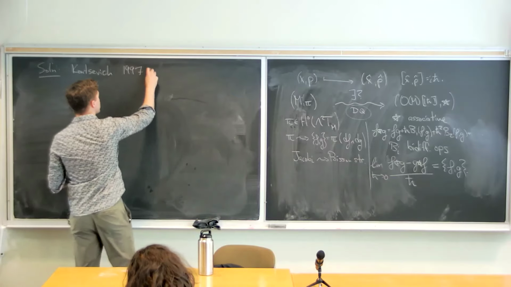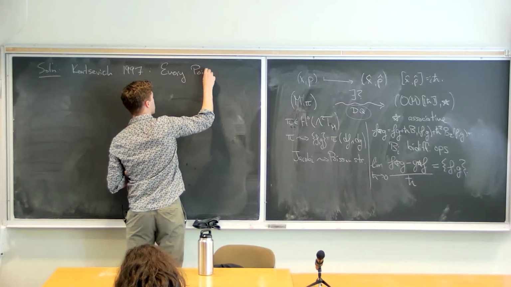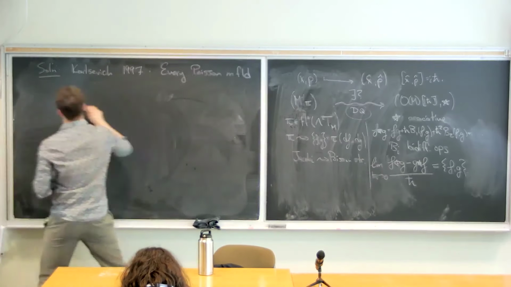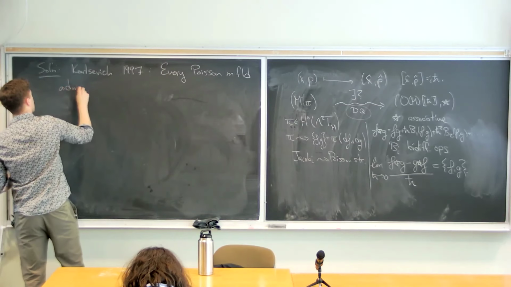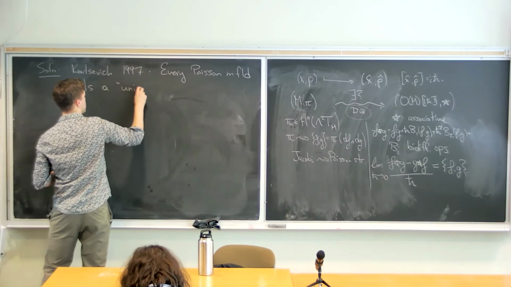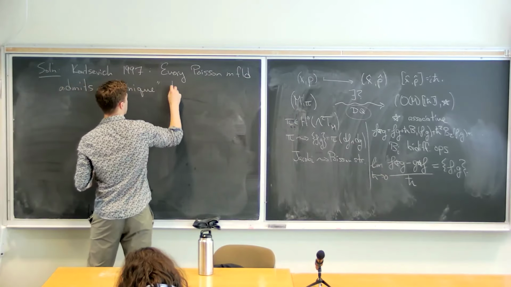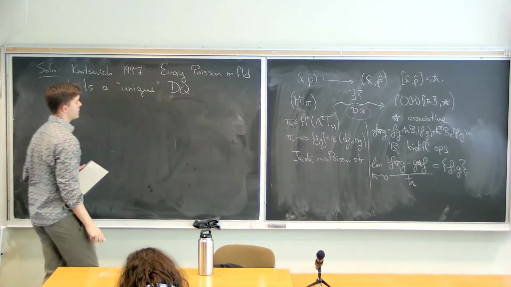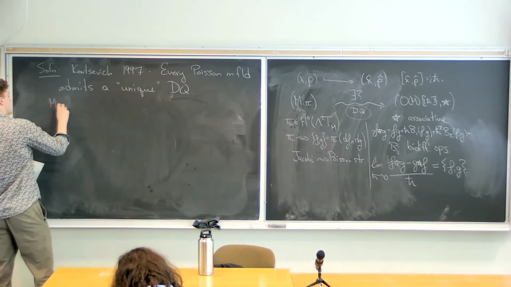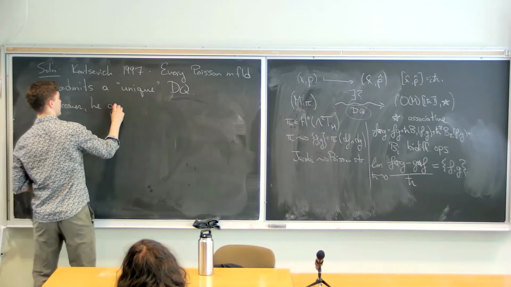But he proved that every Poisson manifold admits a unique, or canonical, deformation quantization. So you can always find this. And moreover, he gives a formula.